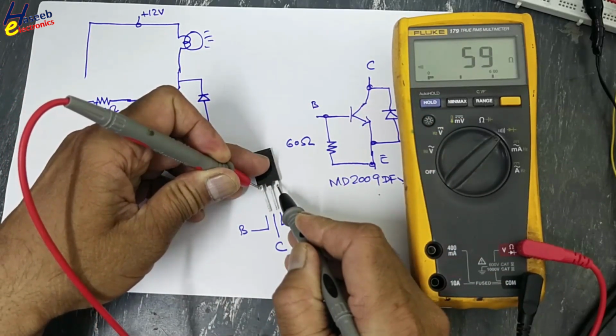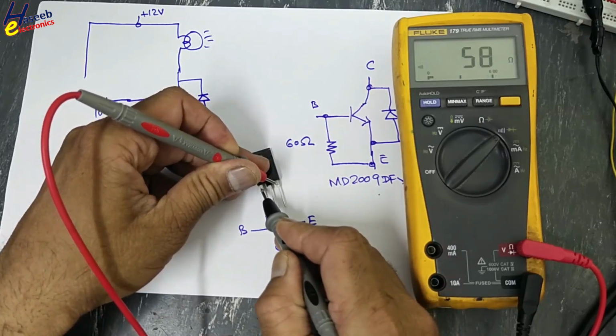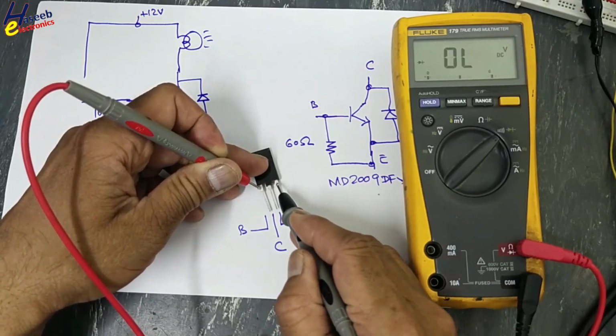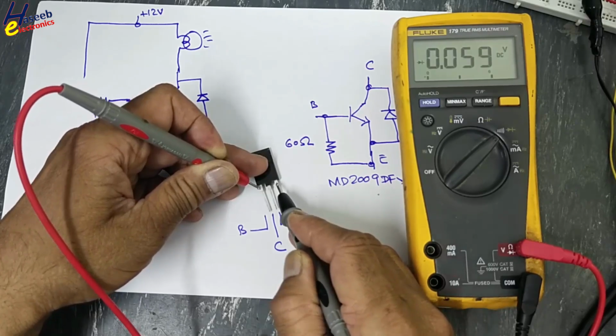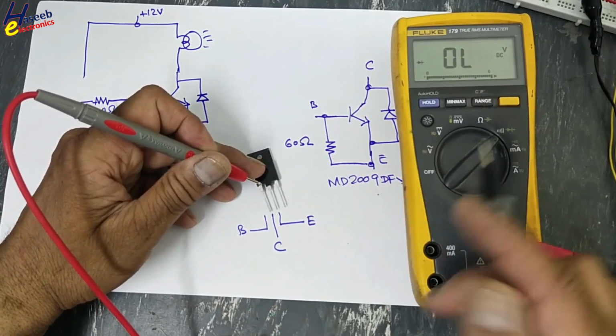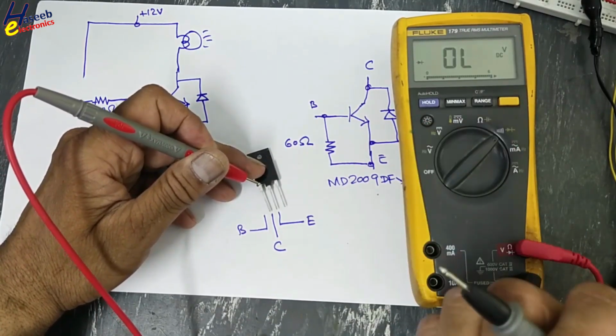In continuity, it is also 58. Now I will check in diode mode. The same, it is showing 0.059. The other multimeter was showing 0.08. So its test current is higher than the other multimeter.